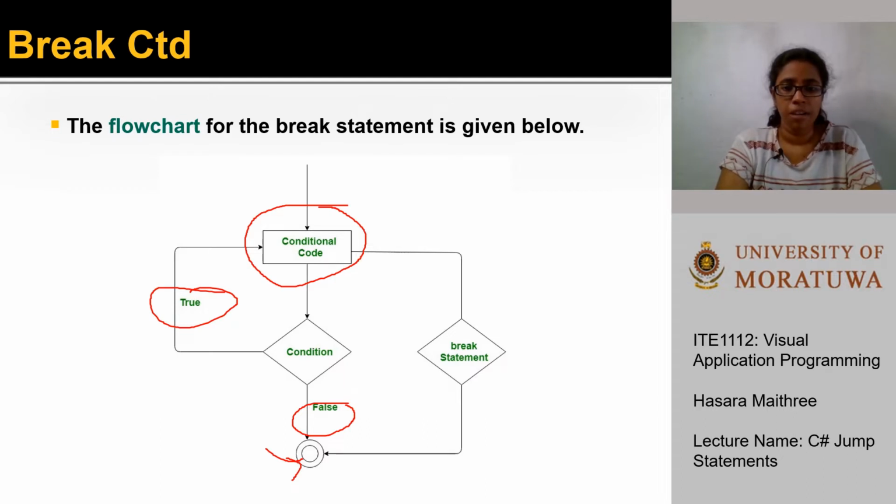Also, if there is a break statement, there is another way that we could reach the program termination. That's where the break statement comes in. So the break statement can be used to terminate the execution of the whole loop body. So now you understand that given a break statement, we can terminate the for loop either by making the condition false or by putting in a break statement.